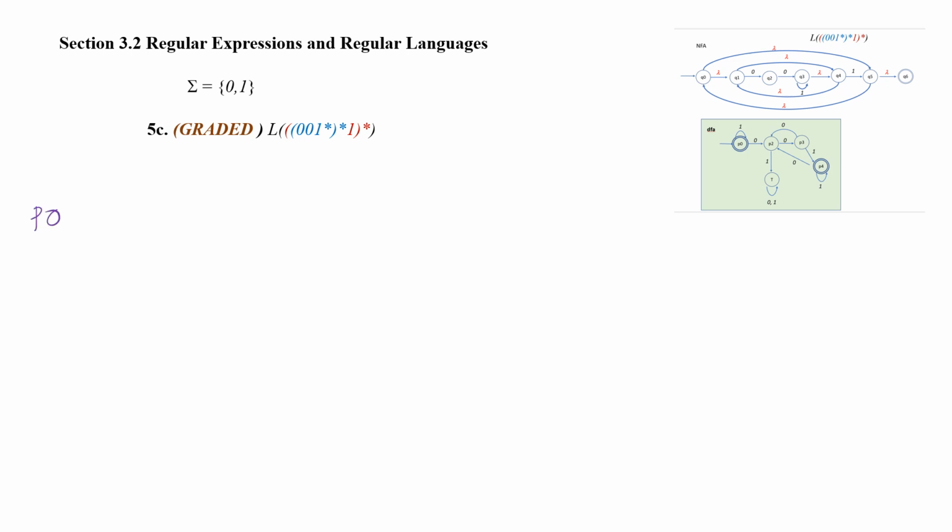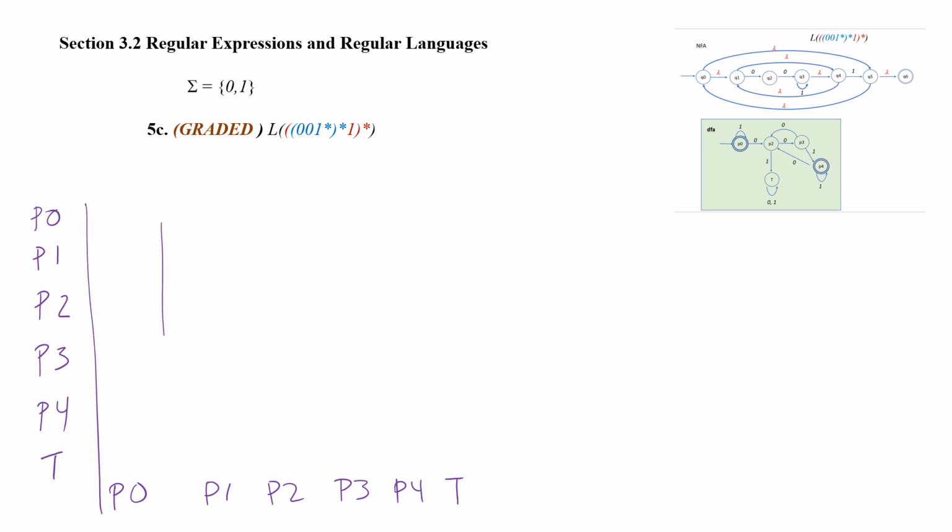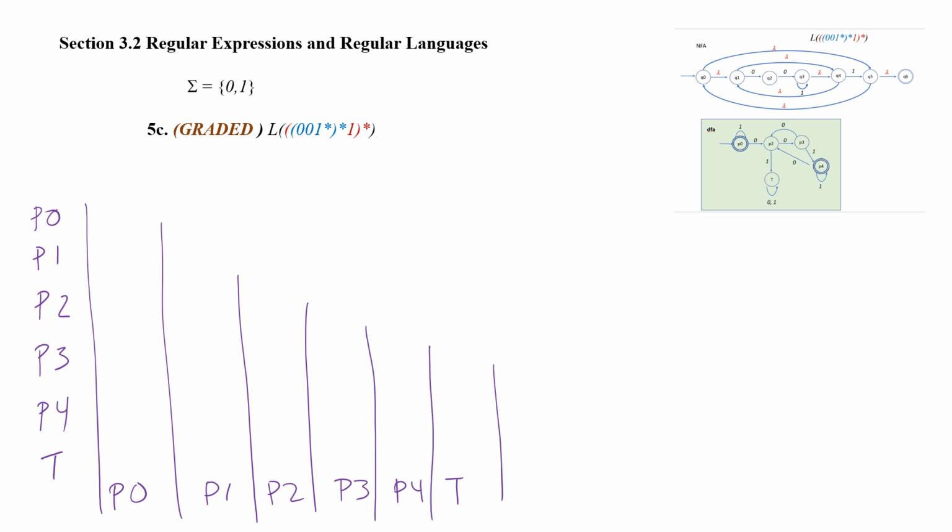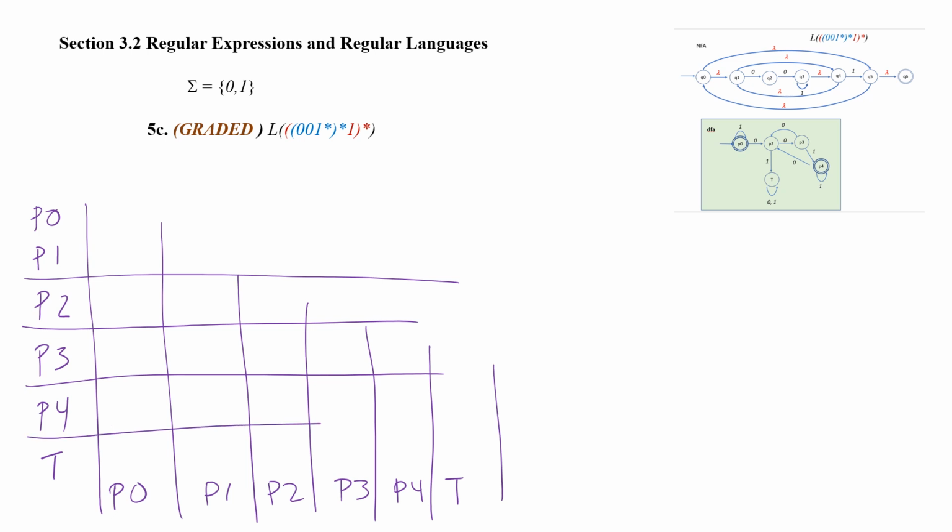So I have P0, P1, P2, P3, P4, and the trap. So just to go through the whole process, we will include everything. All right, so we start here with our half of a table.